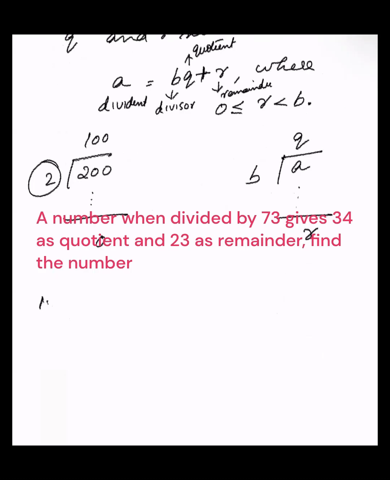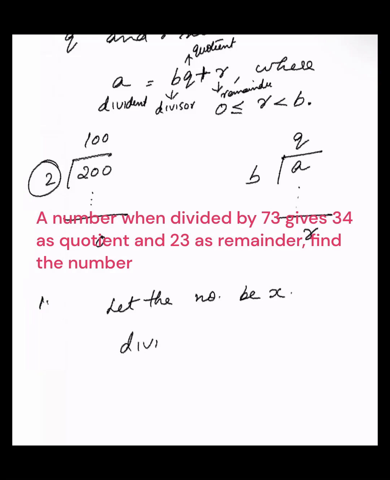So a number when divided by 73, that means, do you know the number? You don't know the number, right? So take that number as X. So let the number be X, because you don't know what that number is. A number when divided by 73 gives 34 as quotient.